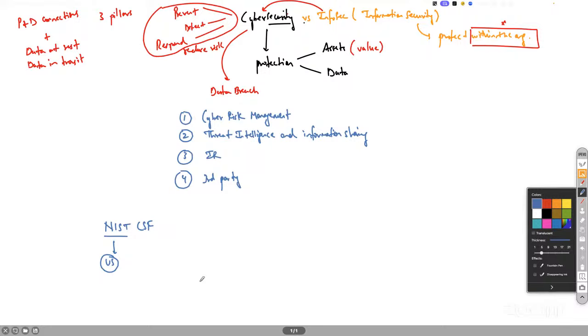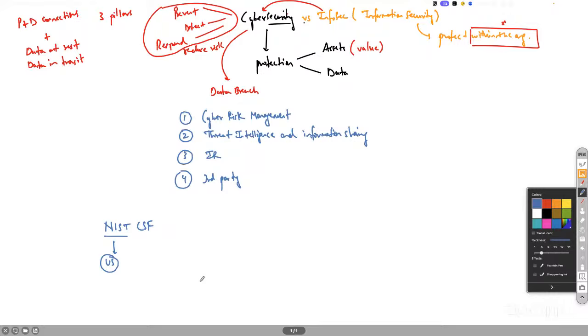NIST currently has more than 500 cybersecurity related documents that are available free of cost, that can be downloaded, accessed, and used by organizations. And these documents are for different areas of cybersecurity.